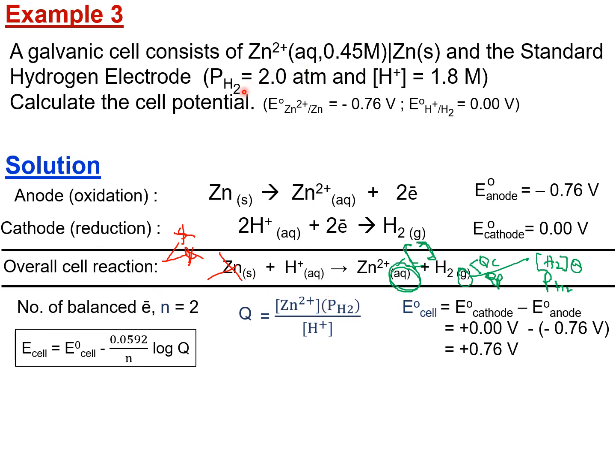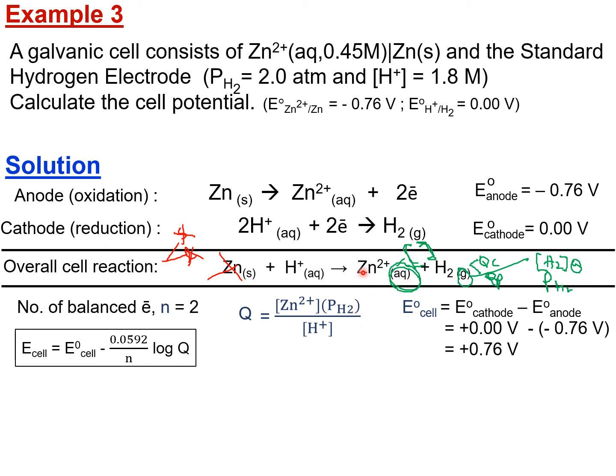Dia ada bagi information untuk partial pressure. You masukkan saja, gabungkan in one formula begini, okay. Okay, lepas tu kita tahu dekat bahagian produk we have hydrogen gas, okay. Kalau hydrogen gas, kalau you nak expresskan dalam bentuk Q, it's gonna be, since that dekat soalan ni dia bagi info partial pressure of hydrogen gas, therefore dia akan jadi partial pressure of hydrogen gas lah.